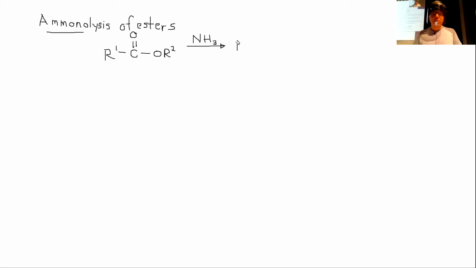The product that you will get is the corresponding primary amide. At least that's the major organic product. So you'll get NH2 over here.